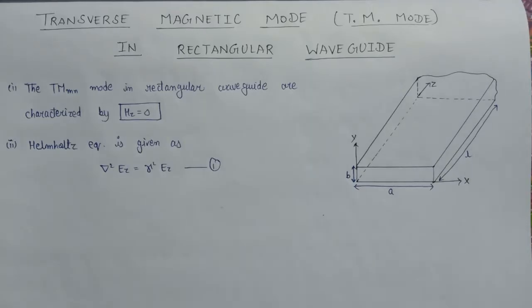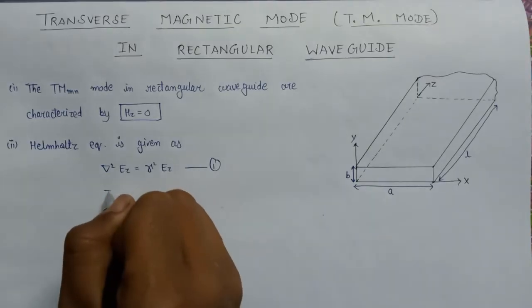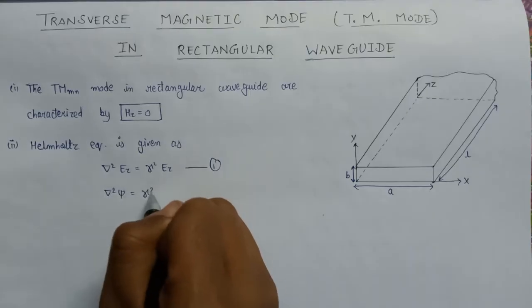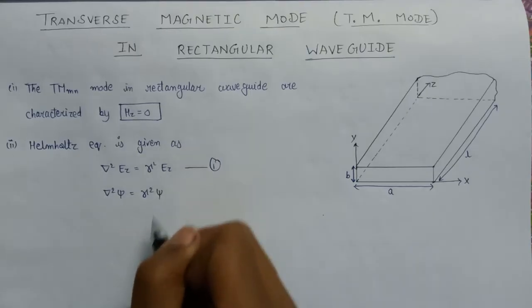The Helmholtz equation we already discussed in the lecture on the solution of wave equation for rectangular waveguide, and that was given as del square of psi equals gamma square into psi.